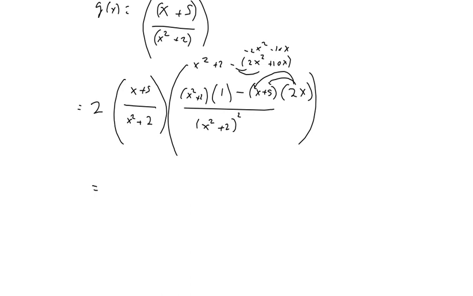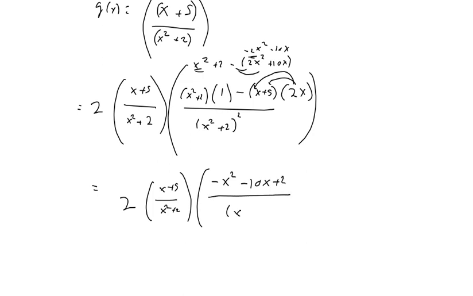And then I can combine this x squared and this minus 2x squared, so it becomes maybe 2 times x plus 5 over x squared plus 2 times negative x squared minus 10x plus 2 over x squared plus 2 squared. There you go. A little simplifying.